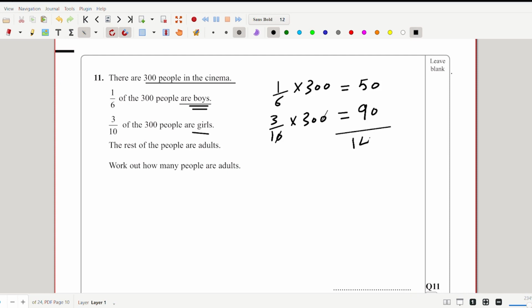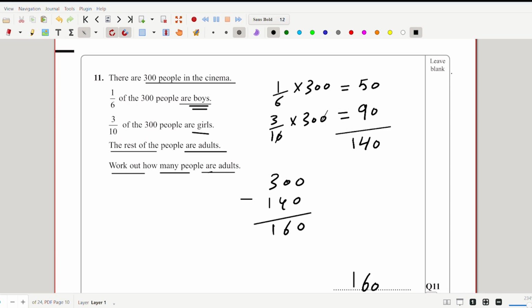Adding them, you will have 140 boys and girls. The rest of the people are adults. So now work out how many people are adults. 300 minus 140 is 160. So 160 are adults.